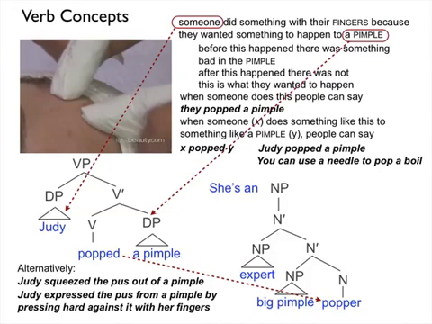So it's a kind of interesting phenomenon, but we do get then an expression where the pimple can be there, right? So it makes sense that we could sometimes consider things within the noun phrases to be complements. We would say big pimple here is a complement of popper because it's a complement of popped in the verb phrase, right?